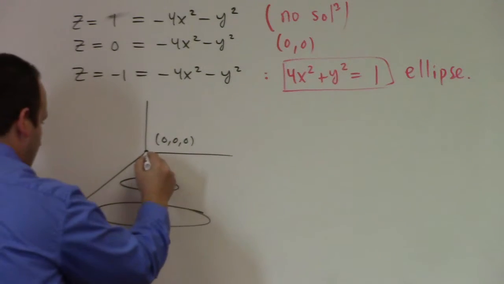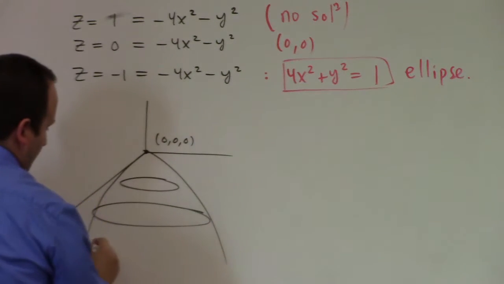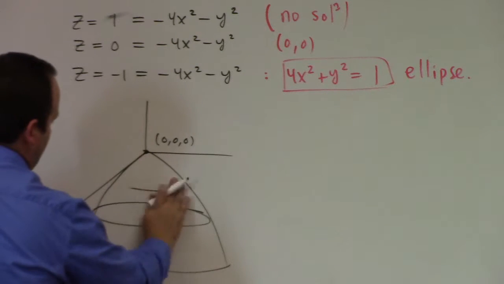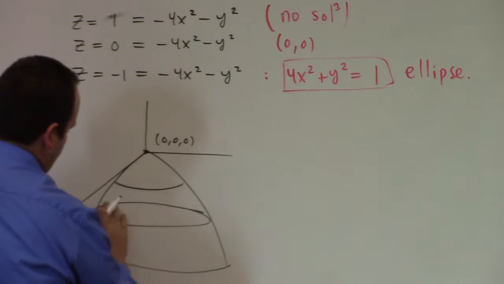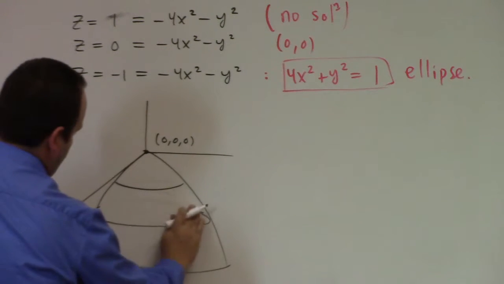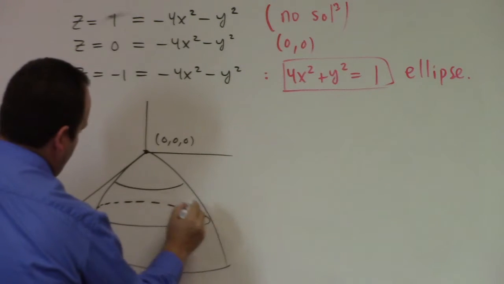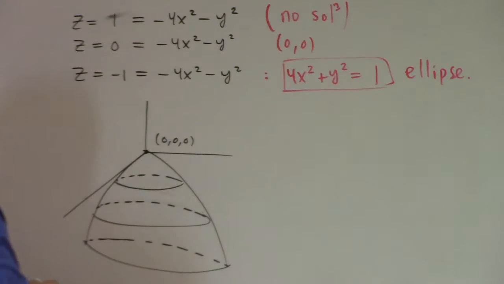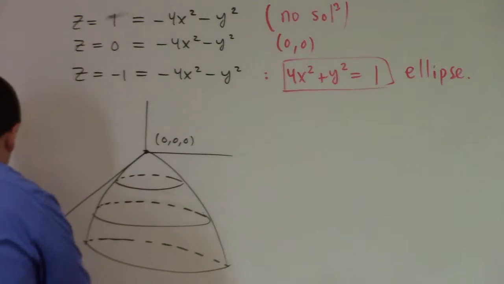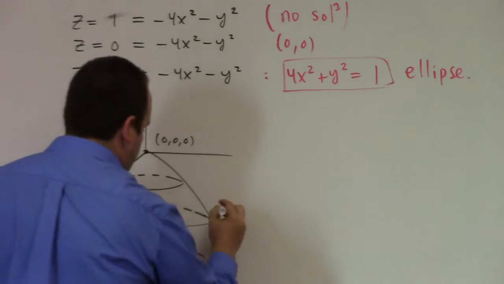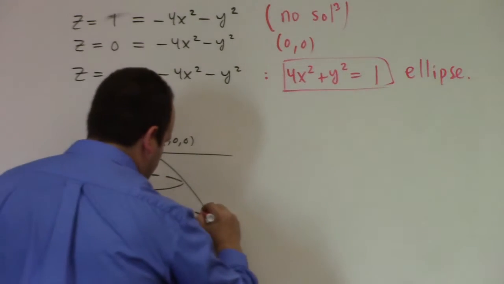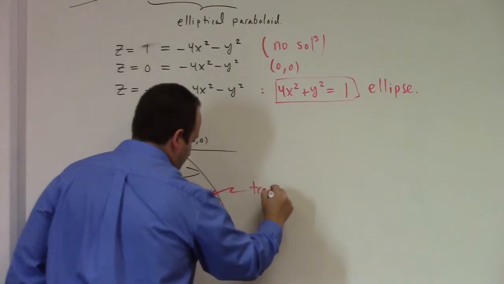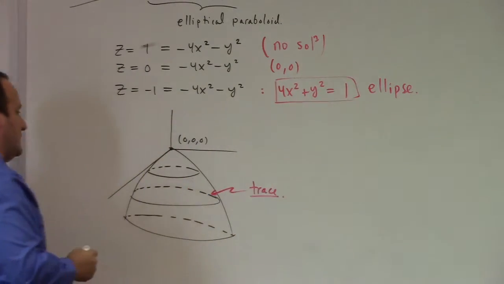And so it's something like this. I'm not drawing it well, but you get the idea. Let me draw these dotted behind the thing. This circle is called a trace of the surface.